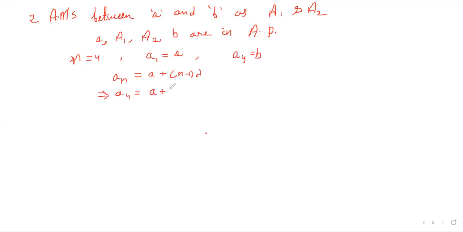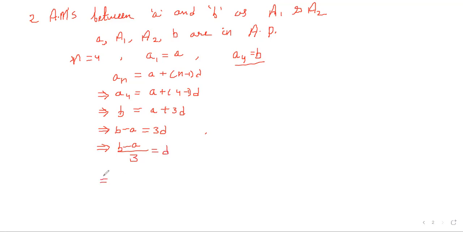It will be a plus, in place of n we write 4 minus 1, into d. And fourth term we already have written b. Means b equals a plus (4 minus 1) d, 3d. It implies b minus a equals 3d. It implies (b minus a) upon 3 equals d.